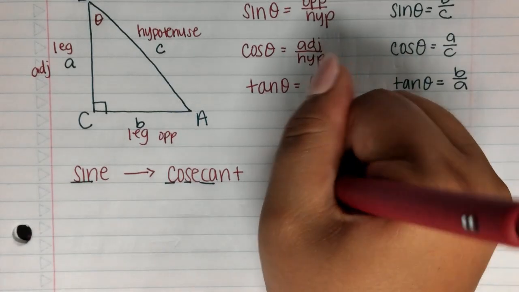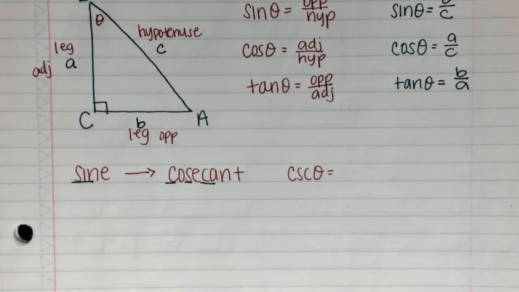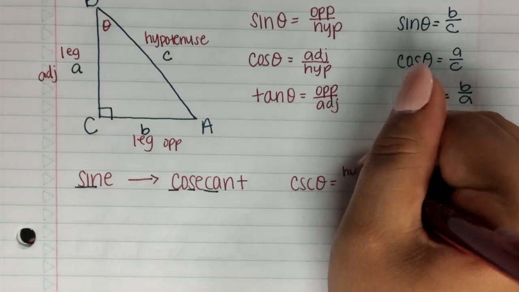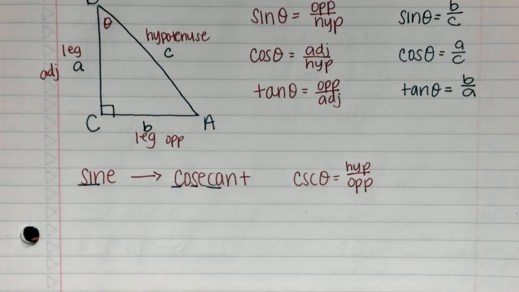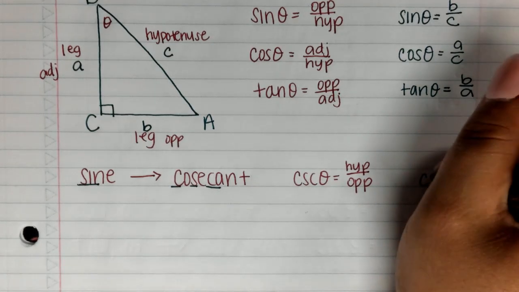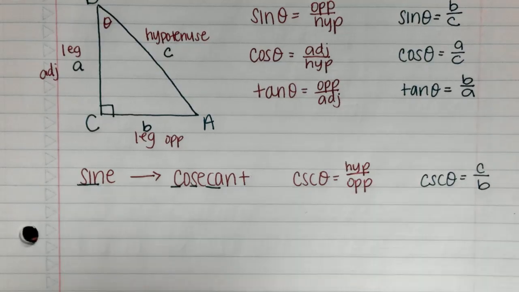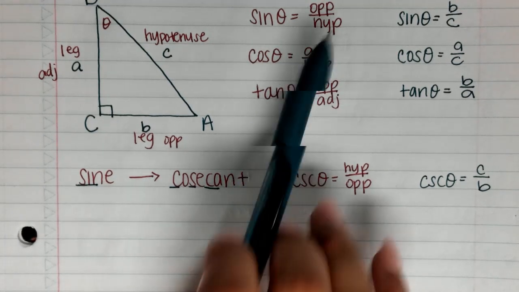Cosecant is going to switch the top and bottom of sine. So what is cosecant going to equal? Hypotenuse over opposite. So for this example, somebody already said it, it would be C over B. You are just flipping it.